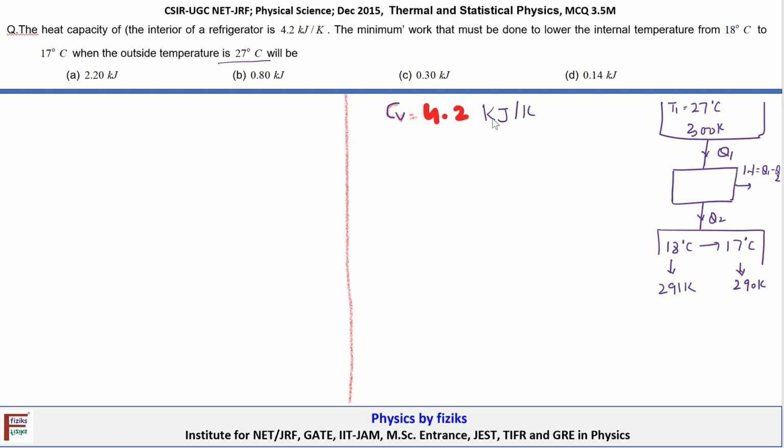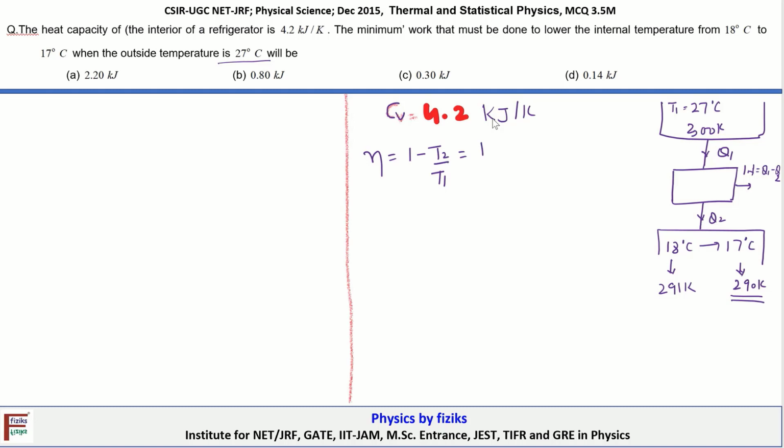Now we have to evaluate the minimum work W that is required to execute this process. The efficiency is connected with the temperature of the reservoirs, so efficiency is given by 1 minus T2 upon T1. The point is which temperature we are going to take for T2, the low temperature reservoir, and it's going to the final temperature here.